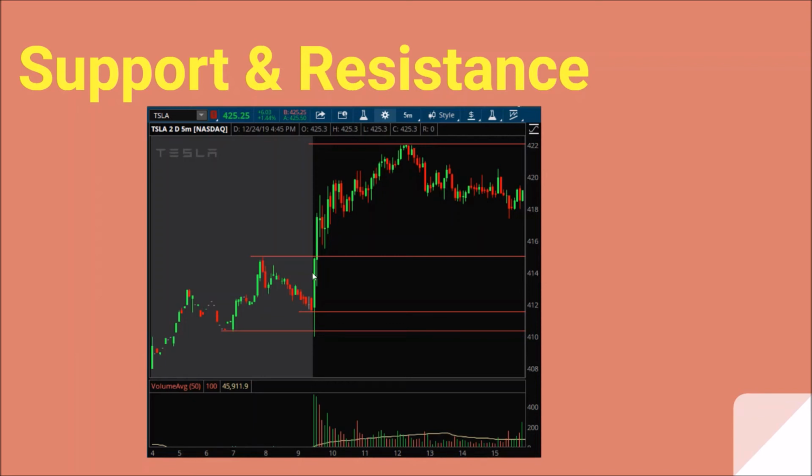Here in this case, during the open, pre-market low acted as support at 410 plus, and then we can take a long trade, and then we can see if the pre-market high acts as resistance, and if it breaks, then it kept on going up, making higher highs, and made a top at 422, and we can exit when the price starts making lower lows.